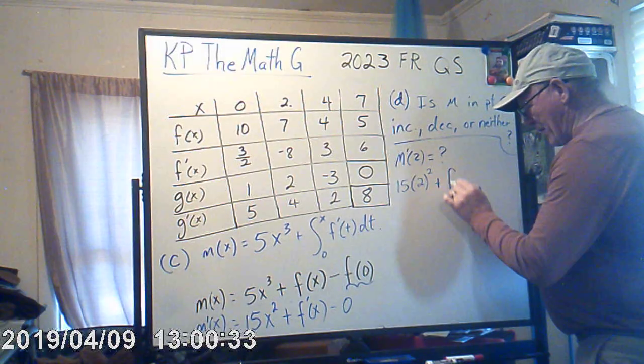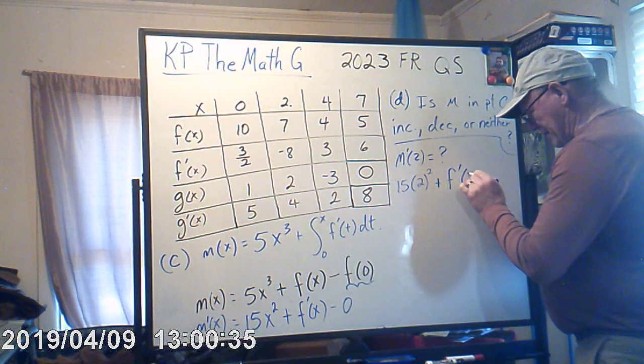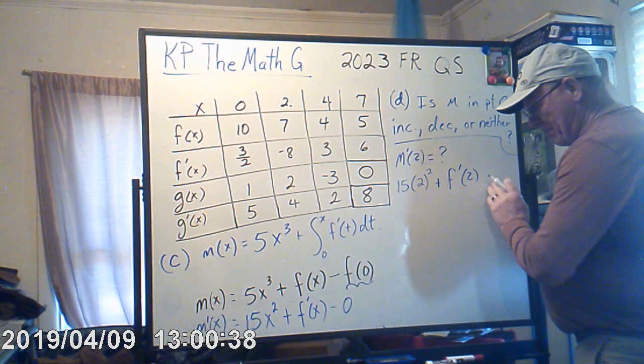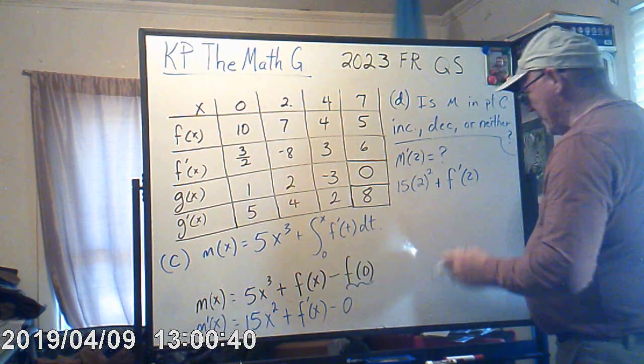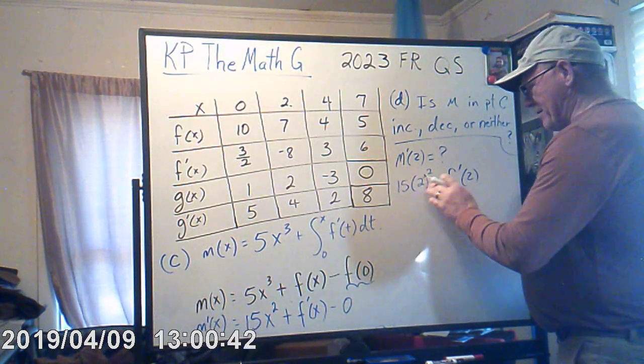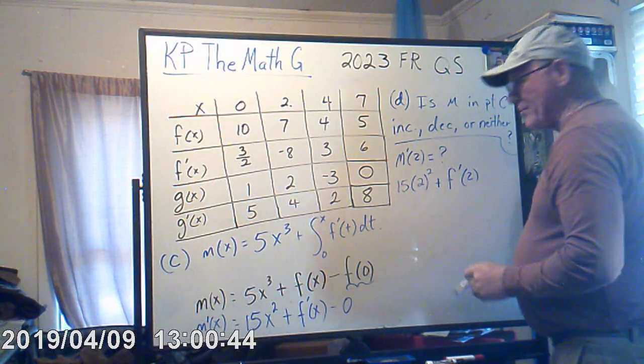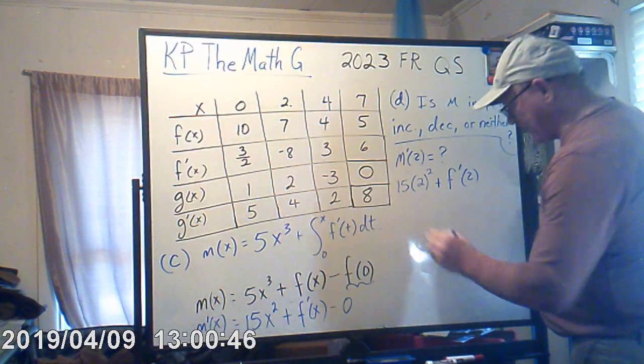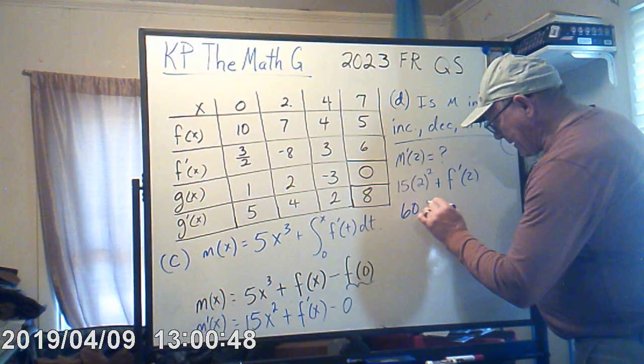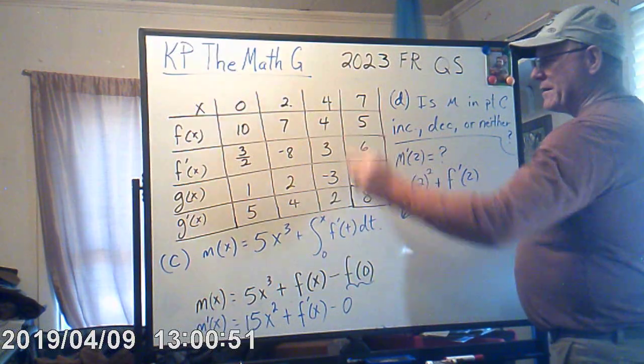Plus F prime at 2, and I don't need to add minus 0. Just leave it like that. Now 2 squared is 4. 15 times 4, 15, 30, 45, 60. 60 plus F prime at 2.